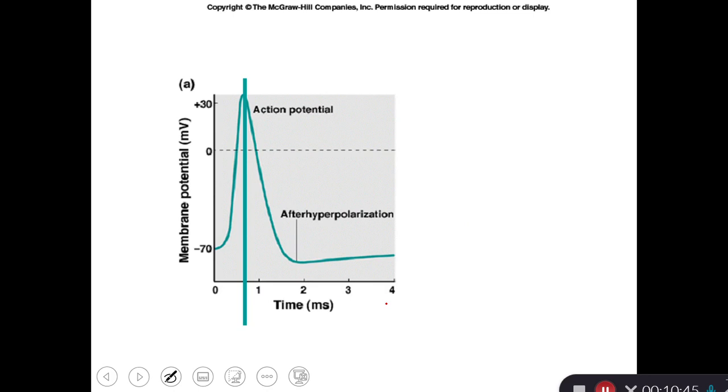If you look here at the timing of the action potential, the depolarization happens in this time, compared to the time of the repolarization. Remember, the repolarization happens due to the activity of the voltage-gated potassium channels. Because they are slow, they still leak potassium out until the membrane goes more negative than the resting state of minus 70 millivolt.